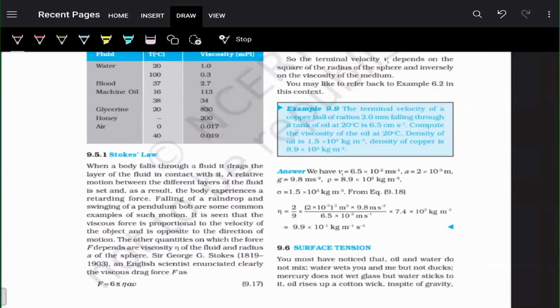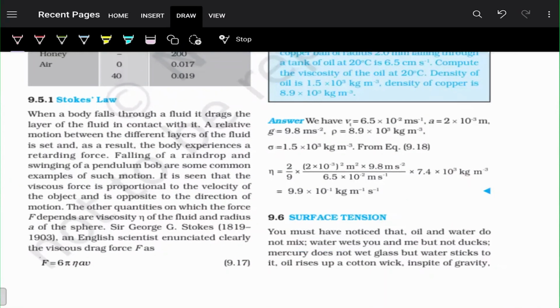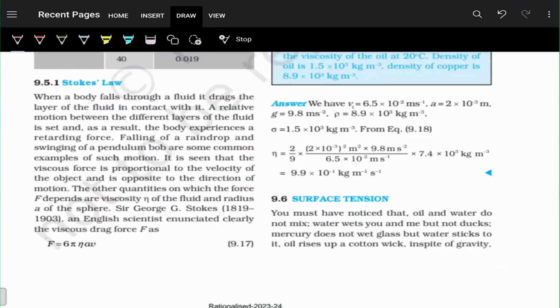So you must have noticed that oil and water do not mix. Water wets you and me, but not ducks. Mercury does not wet glass, but water sticks to it.